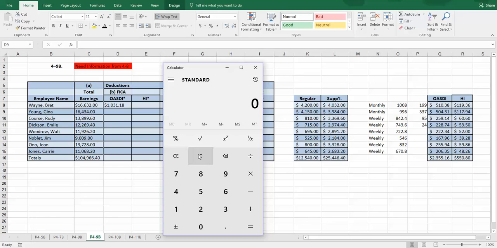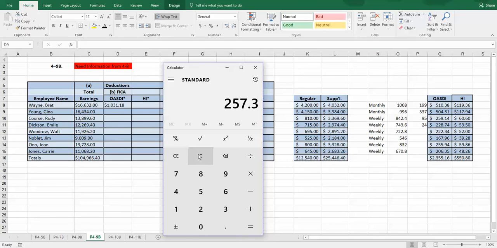Okay, let's do that again for Gina Young. We're going to take her regular income times 6.2%, which gives us $257.30. That's the amount of OASDI for one paycheck.